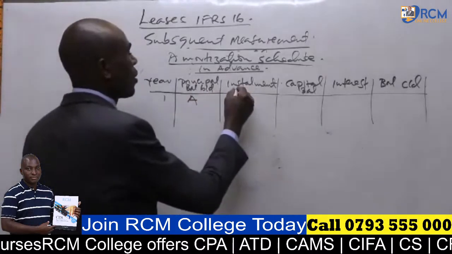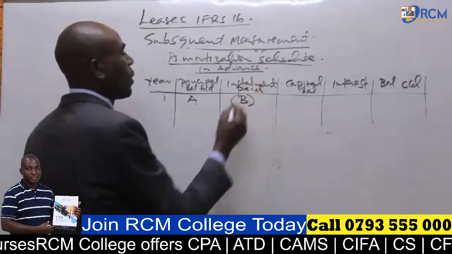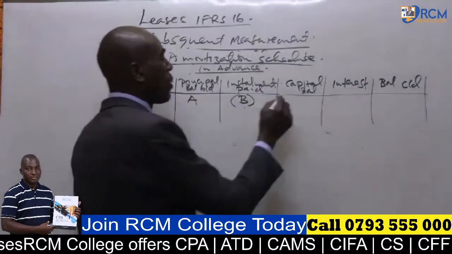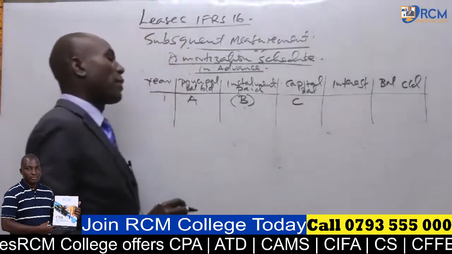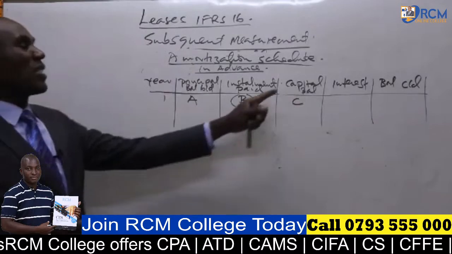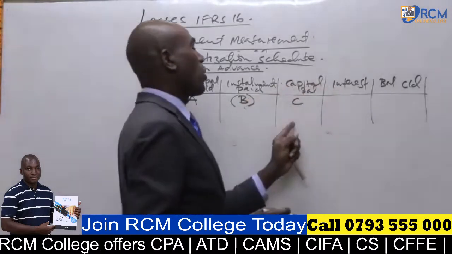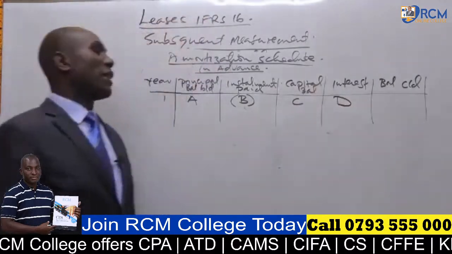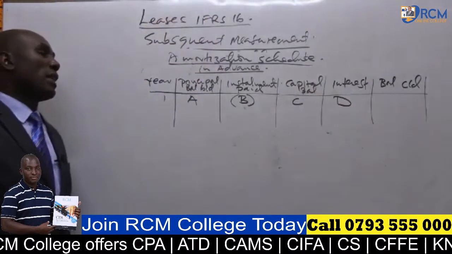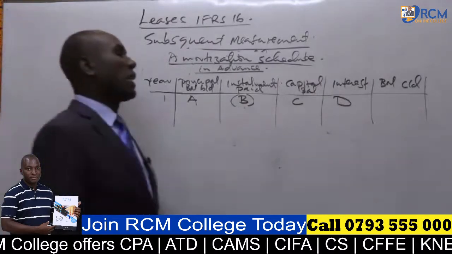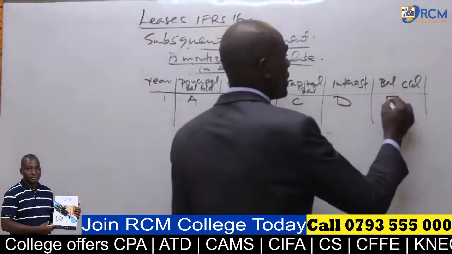Then I get capital balance, let me call it C. Then I charge interest based on the capital balance, let me call it D, D for dog, capital interest. Then I get my balance carried down, which is E.